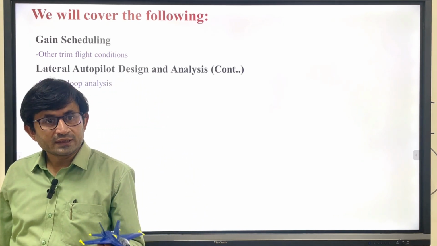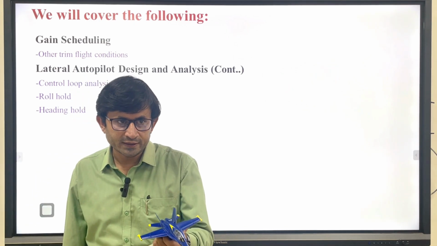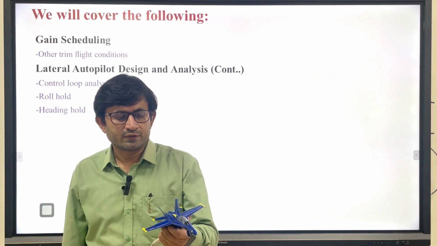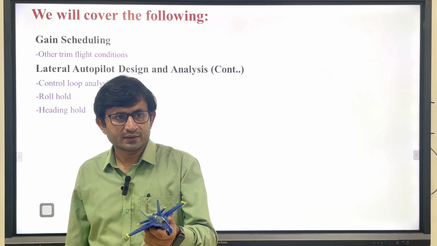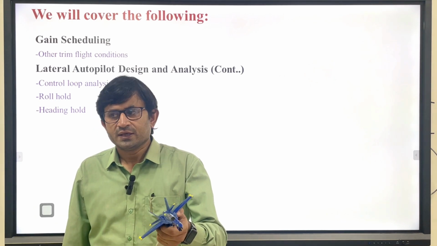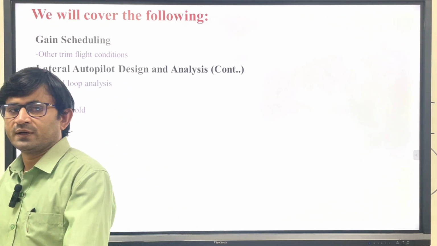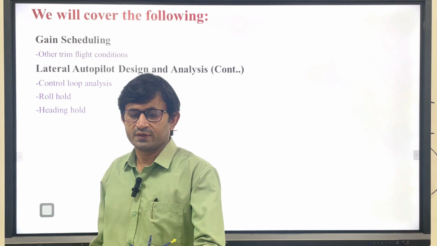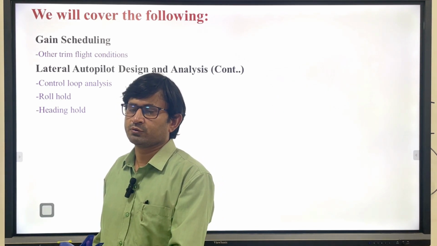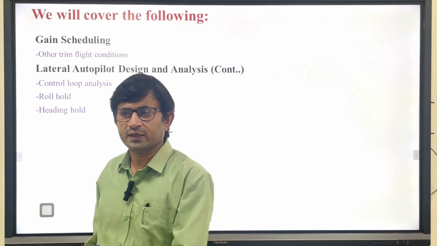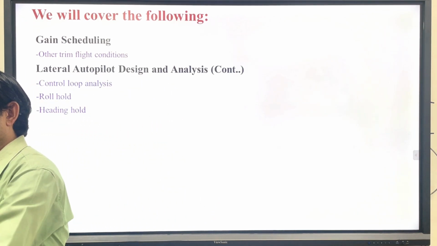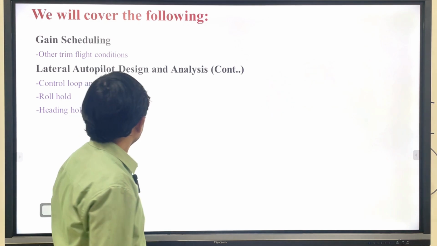That means when you deflect the aileron, there will be a change in roll rate. This roll rate will achieve some bank angle. As the aircraft banks, there will be a centripetal force that will rotate the aircraft in a circular path, and once you have achieved the heading angle, you can bring the bank angle back to 0 and continue flying. That is the purpose of this lecture.